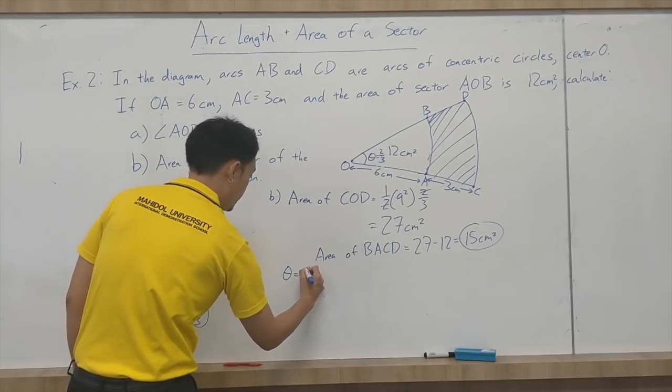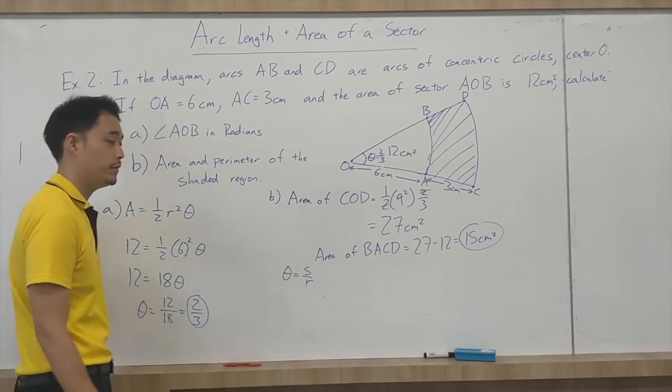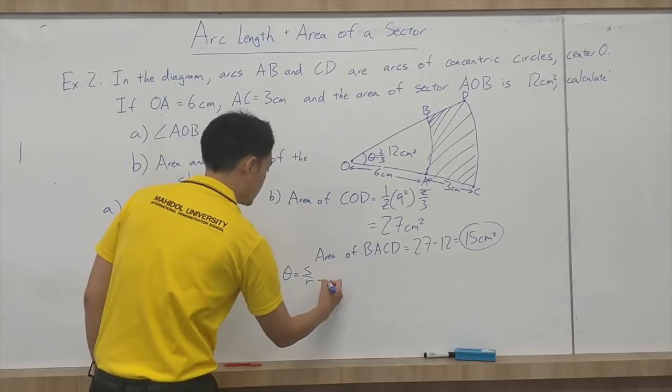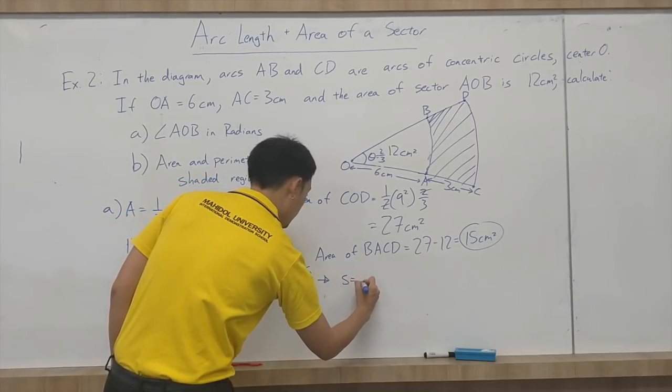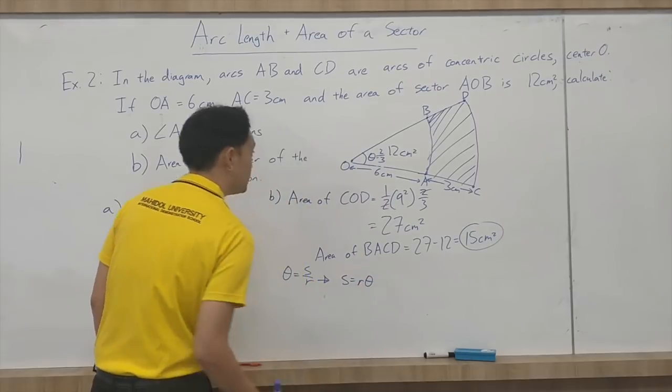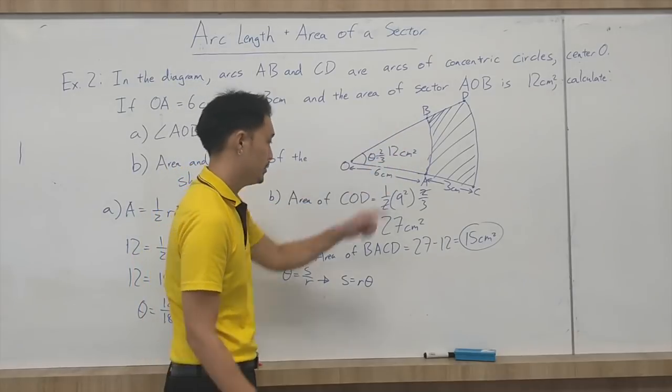Theta equals S over R, right? And of course, in this case, we're trying to find S. So let's switch that over to S equals R theta.